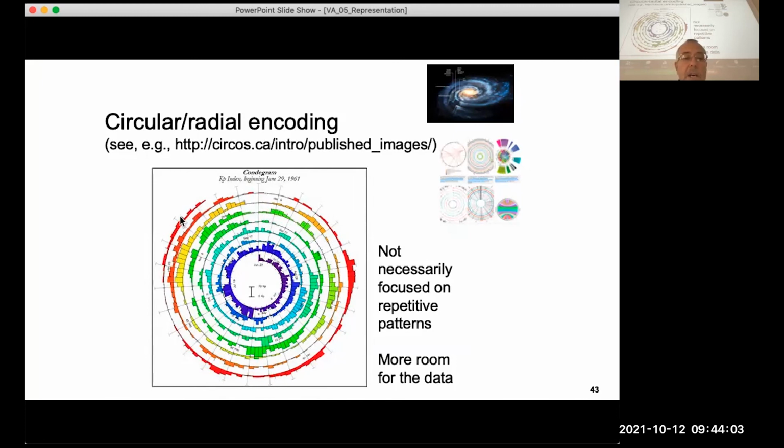But the point is just to have this arranged in this way, because if you put that on the x-axis, it will not fit on the screen. So circular radar encoding is used either for repetitive patterns or for having more room for the data. And if you go to this link, I will put a slide on the web today, you will get a lot of other examples. But I will discuss that in more depth tomorrow.